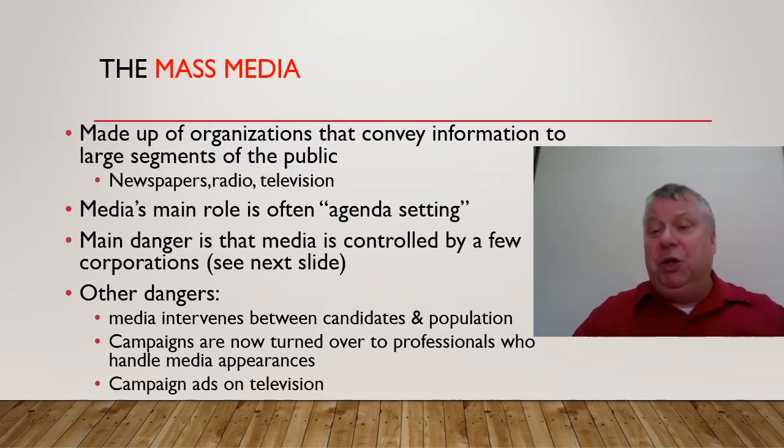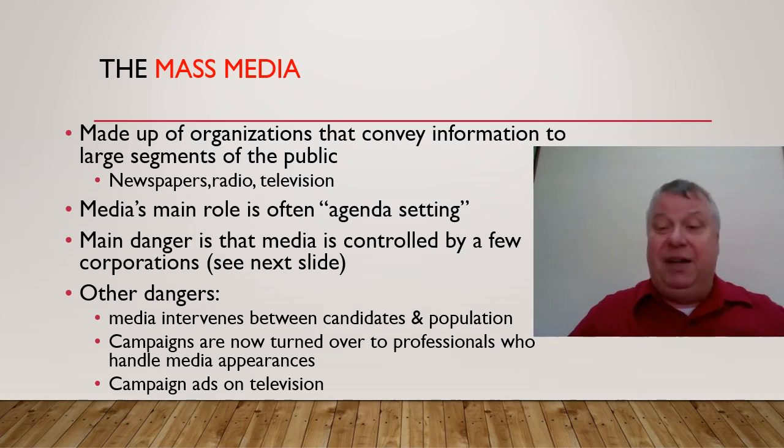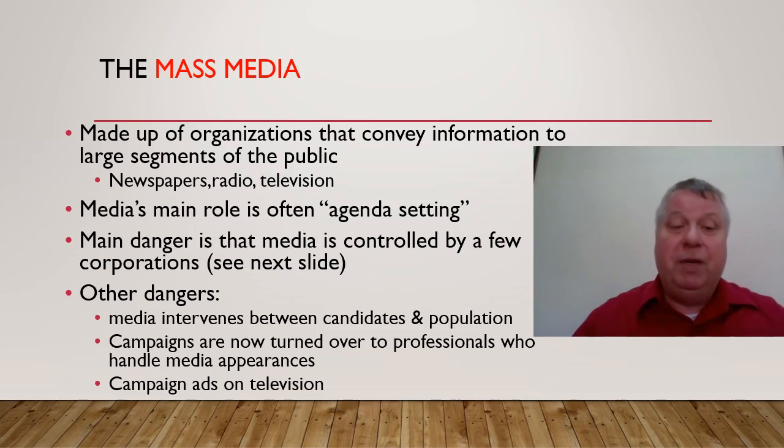Now, this has been used for a long time, for example, in countries like Germany or Italy, to create propaganda that will basically fool the population into believing something that isn't true. But even in democracies, this may happen.